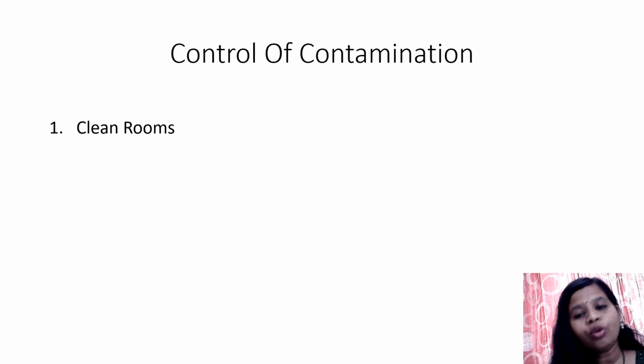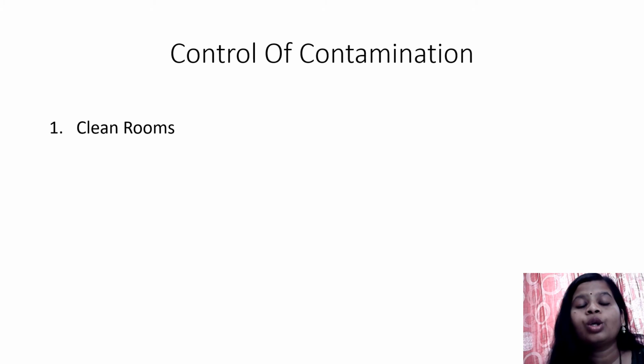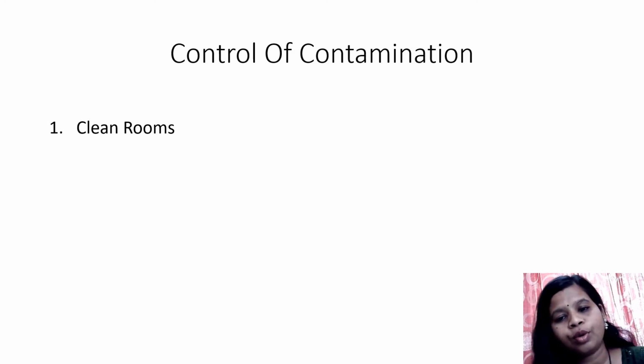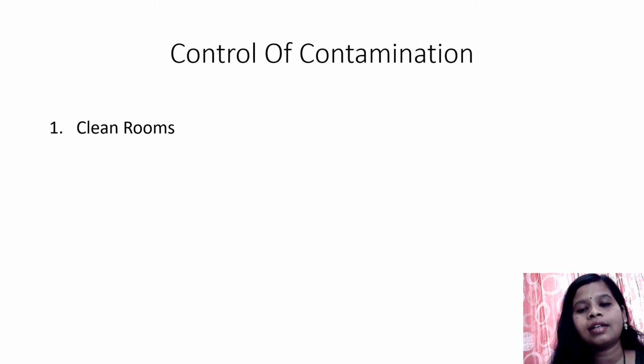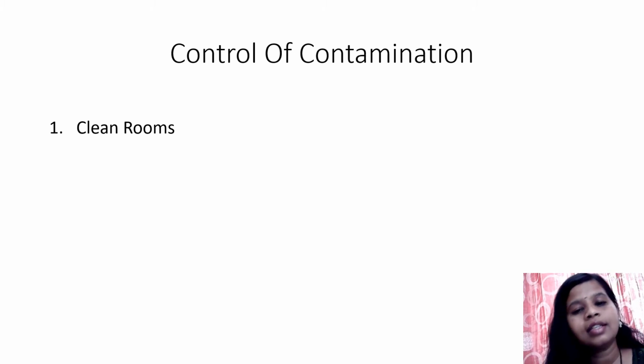No, a clean room is a specific room. Here, when we are considering the aseptic or sterile conditions, the term clean room indicates that it is supplied with proper, standard quality air, that is, the air is passed through HEPA filters, and there are different classes of clean areas like class A, class B, class C, class D. These four classes we are going to learn in the next video.